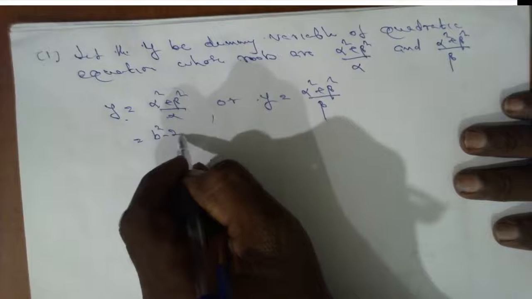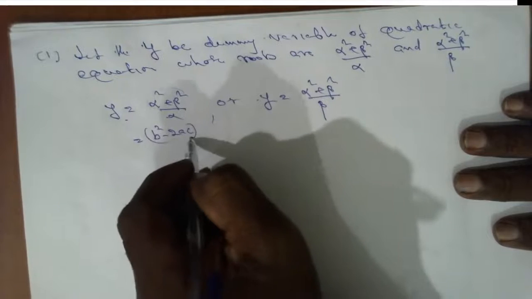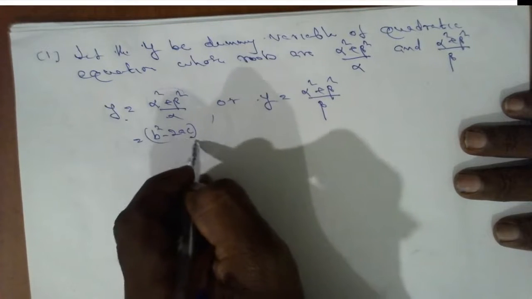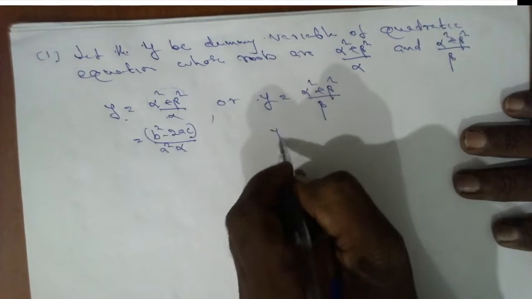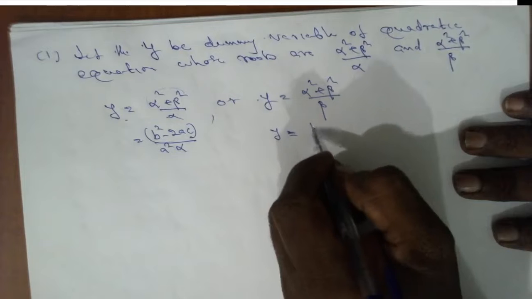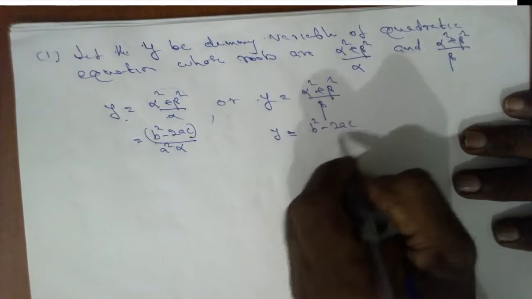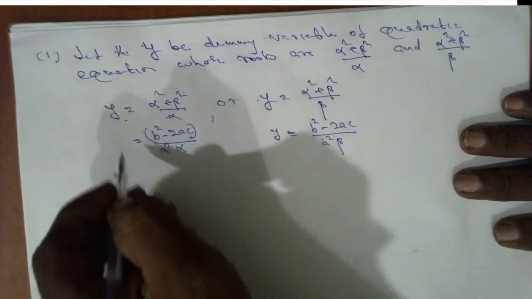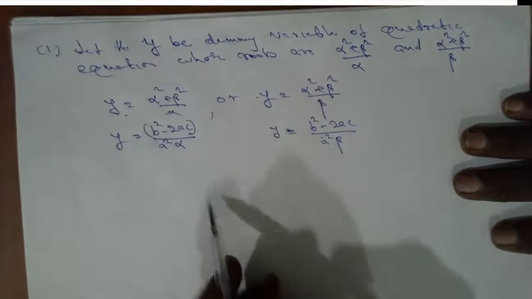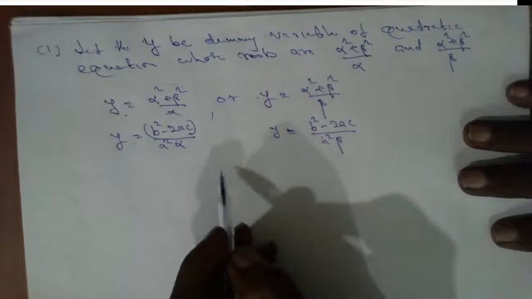So here y equals b squared minus 2ac over a squared alpha, and y equals b squared minus 2ac over a squared beta, like this.